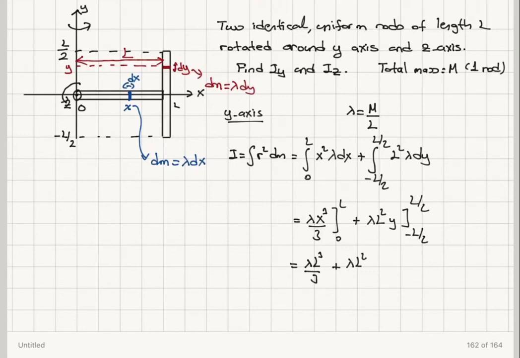This is going to be lambda L squared times L over 2 minus minus L over 2. So this will be lambda L cubed over 3 plus lambda L cubed.